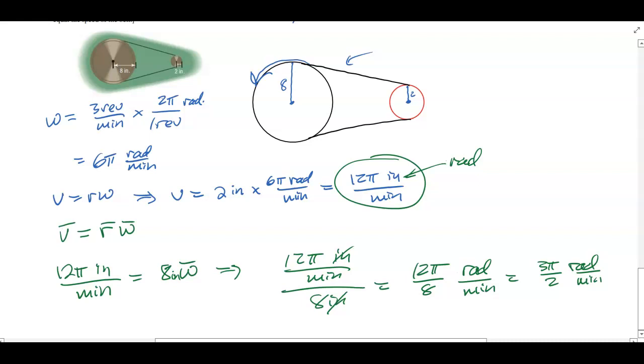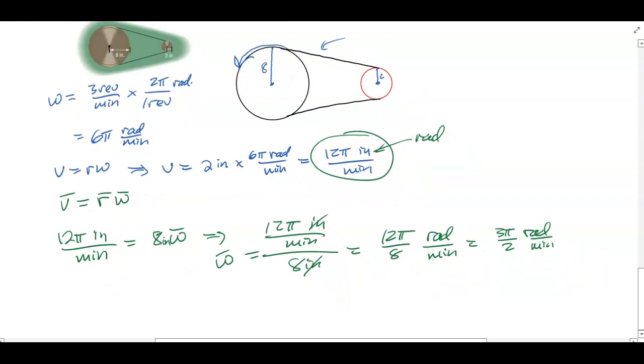Now, there's 1 revolution, so so far this is W bar, which is the large one, 3 pi over 2 radians per minute, but we want revolutions. So this is times 1 revolution is 2 pi radians.